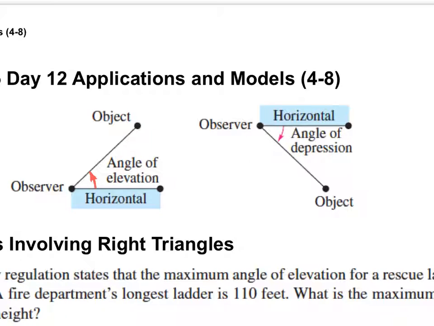And as you can tell, if we were then to draw a line straight down from our object, we can very easily get a right triangle, okay? So if we're at the bottom looking up at something, it's an angle of elevation that we have to tilt our head or turn our eyes up to see it, okay?